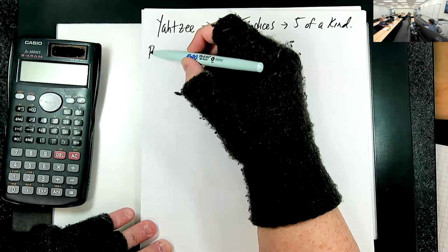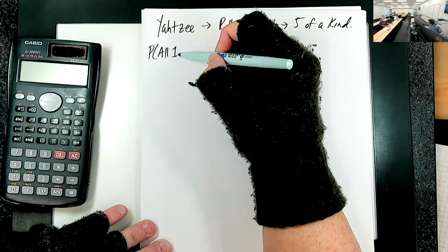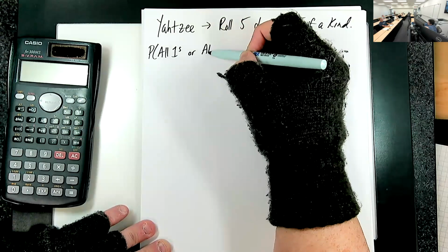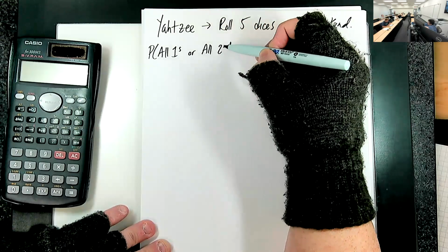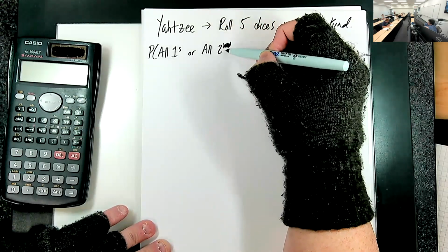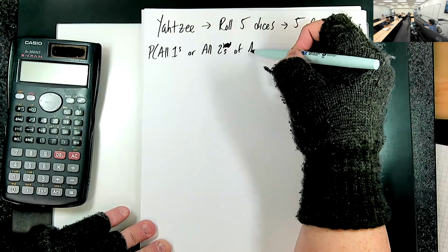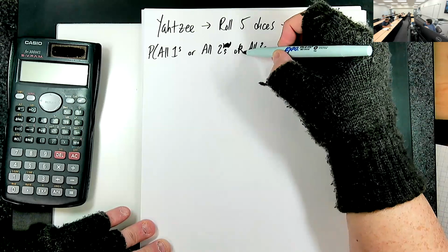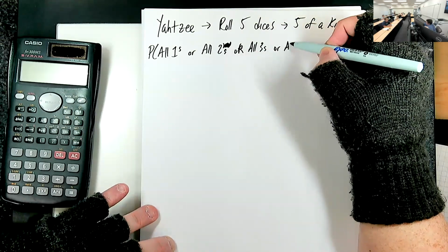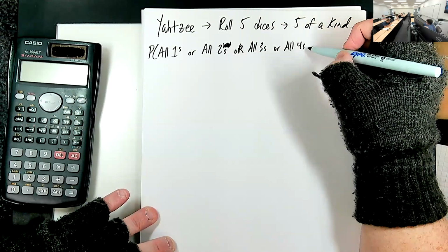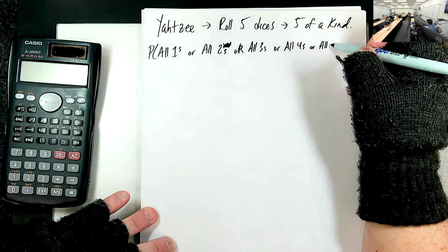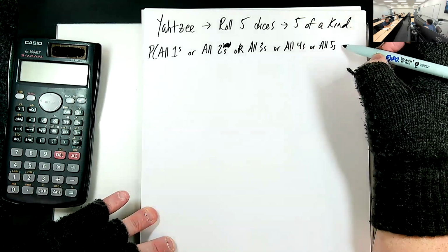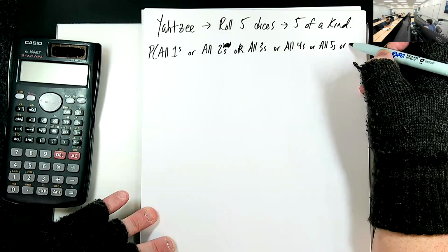So it's like the probability that we have all 1s or all 2s or all 3s, or all 4s. There's a point to this. It's actually a segue to the next section. All 5s or all 6s.